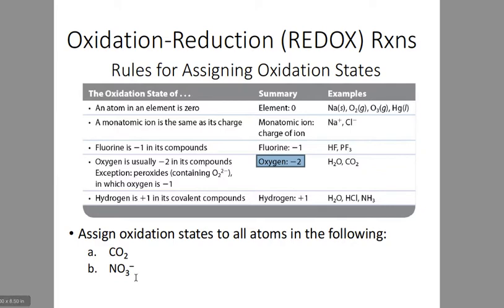And NO3-, we have an overall negative charge, so we need to keep that in the back of our heads. Each of these oxygens is a -2, so that's an overall -6, which means if this were a neutral compound, the nitrogen would be a +6. However, we have a negative charge here, so the nitrogen is a -5.